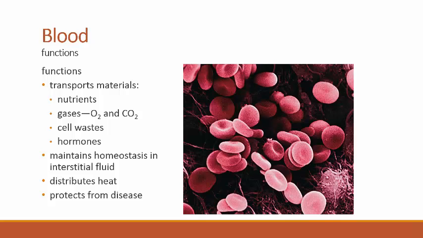As well, we produce heat in organs like our muscles and the liver, and that heat must be distributed around the body so that the body can continue to function properly. So distributing heat, and then some of the formed elements of the blood are involved in immune function, and so protection from disease is another important function that the blood provides for the body.